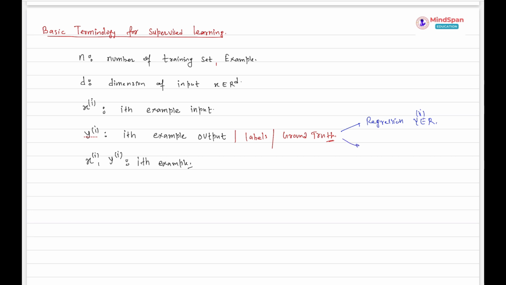And in case of classification, y will take a discrete value, right? I think let's do a few examples based on this terminology so that you are clear here, right?